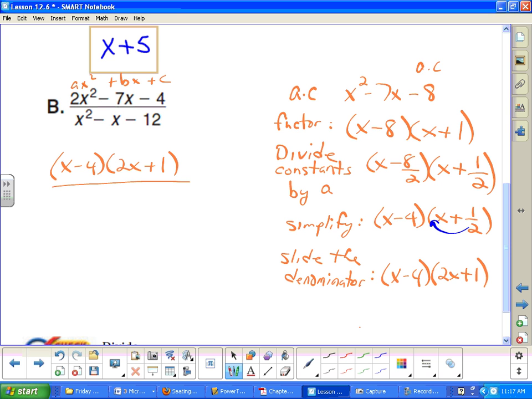In the denominator, we have x minus 4 and x plus 3.